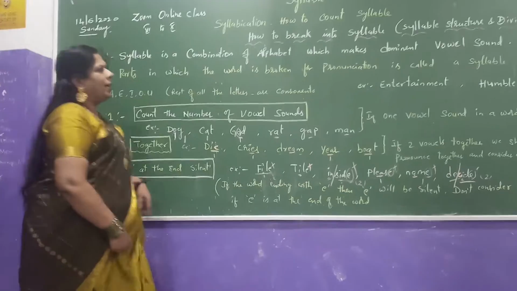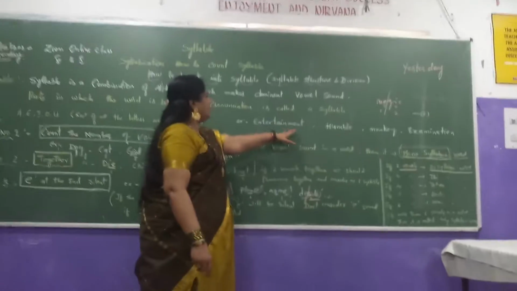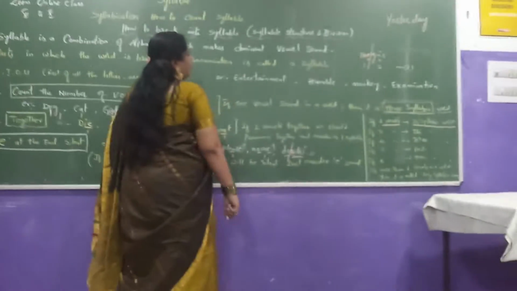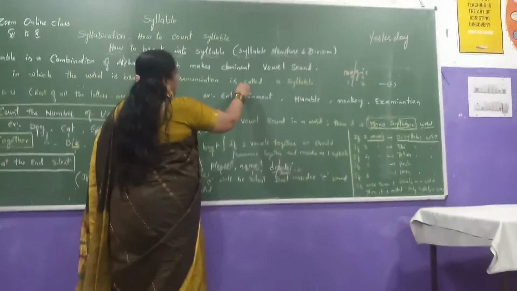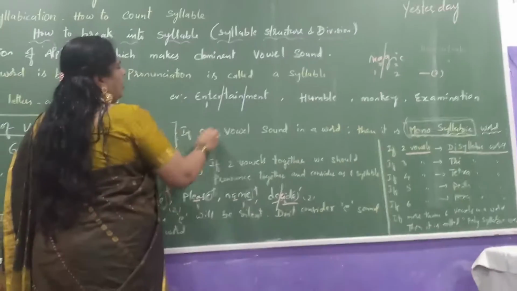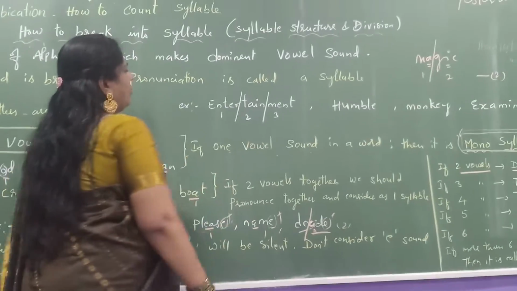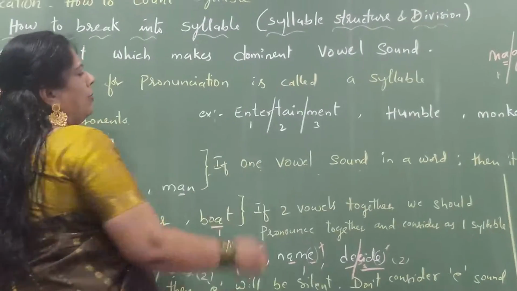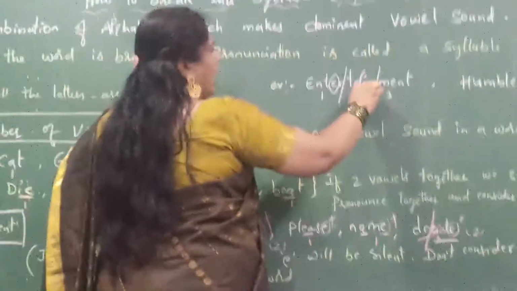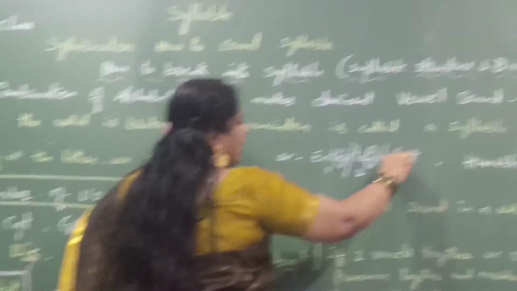Before going to rule number 2, can you divide entertainment? How do you divide this one? Entertainment, this is 1, 2, 3. How have we divided it? How many vowels are there? E is 1 vowel, I is 1 vowel, E is 1 vowel.